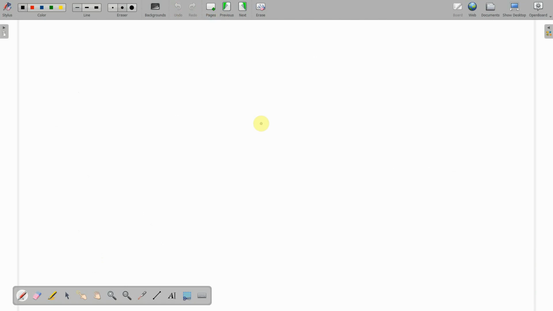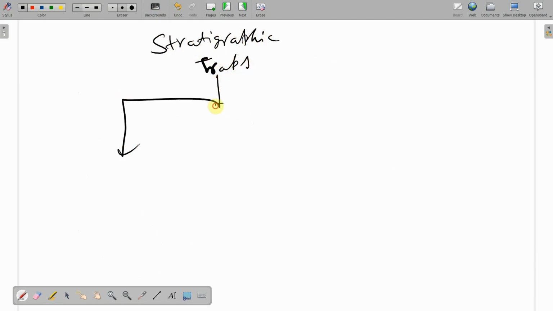First one, stratigraphic trap. So stratigraphic traps can be divided into two types. Okay, one is primary, another one is the secondary.